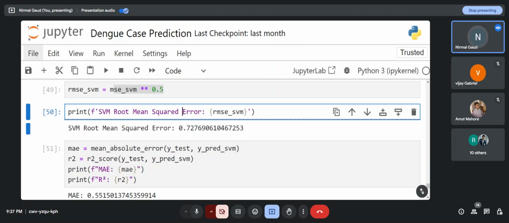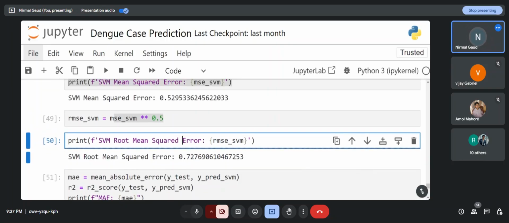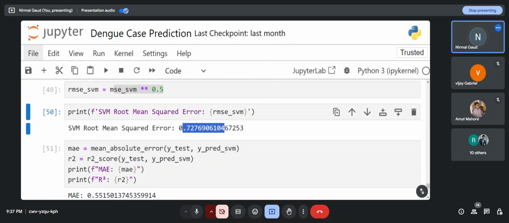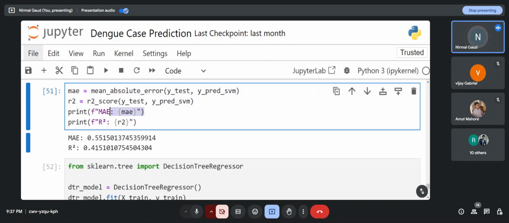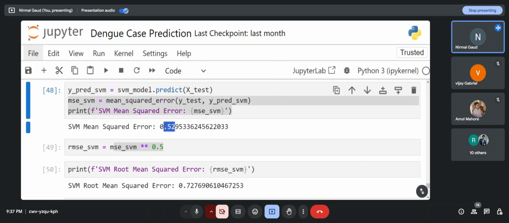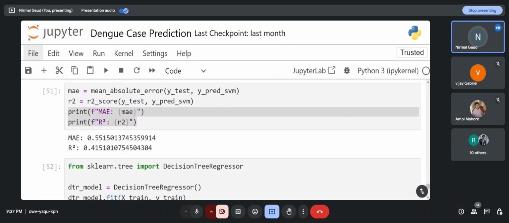But if your MSE is less, then there is no sense to calculate RMSE. But still I am calculating, and I calculated MAE and R2 also, mean absolute error and R2 score. Mean absolute error is also about 0.5, just like MSE only. So there is not much difference. So if MSE is less, there is no need to print RMSE and MAE.